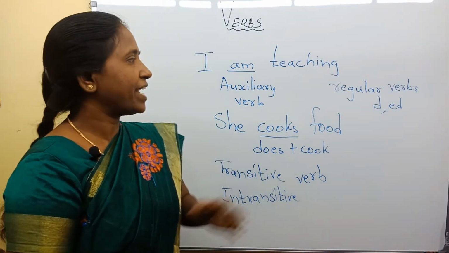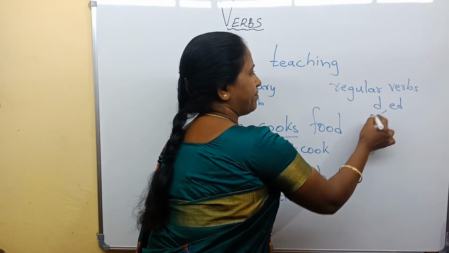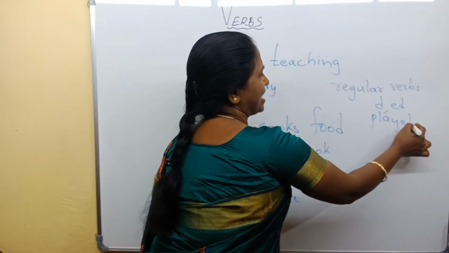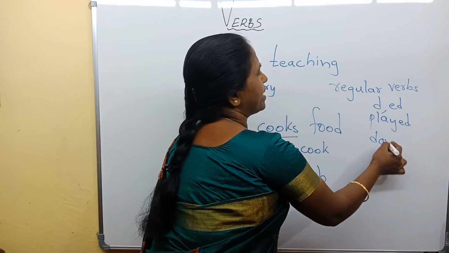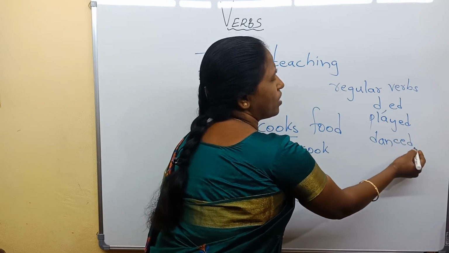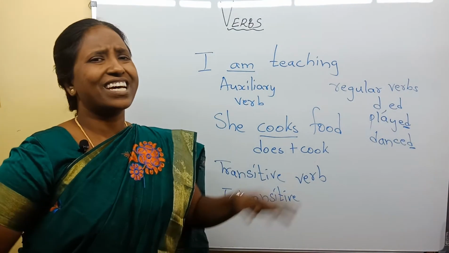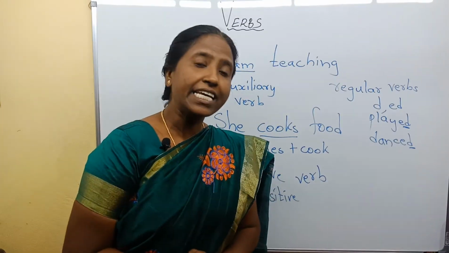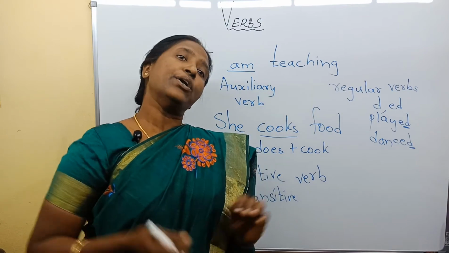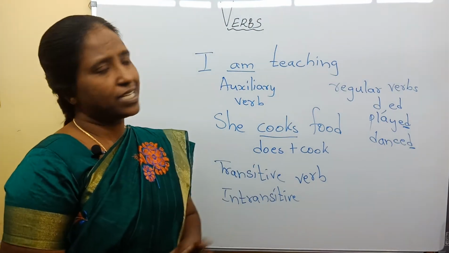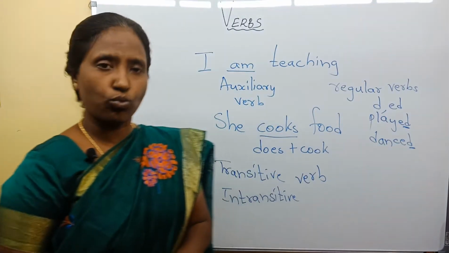P-L-A-Y, play, and I am adding ED, played. If I say dance, what's the past tense? Danced. So I am adding D to dance, ED to play. So these are regular verbs wherein D or ED is added to change them into past tense. Such verbs are called regular verbs.